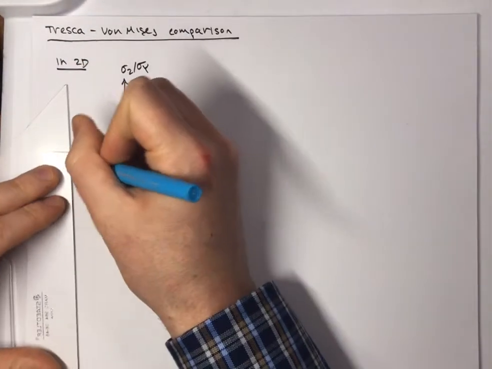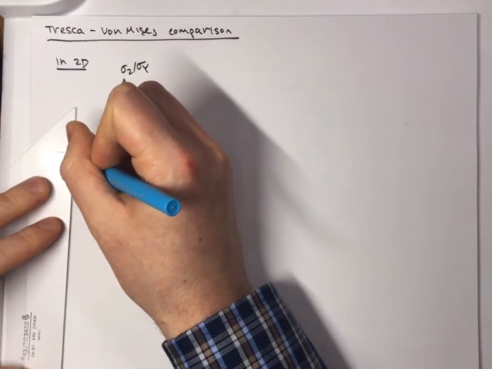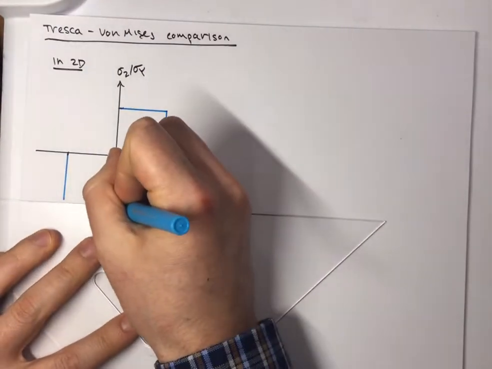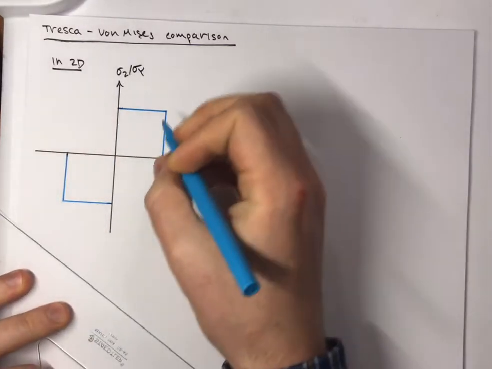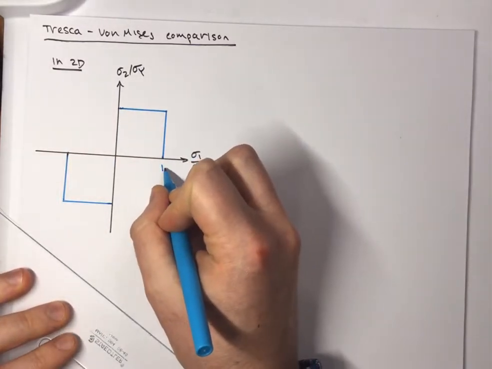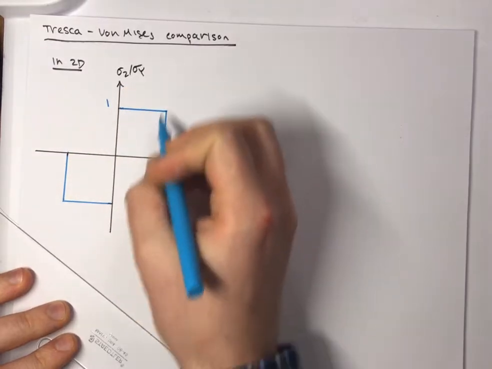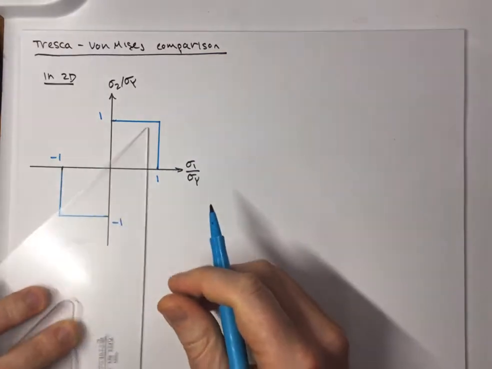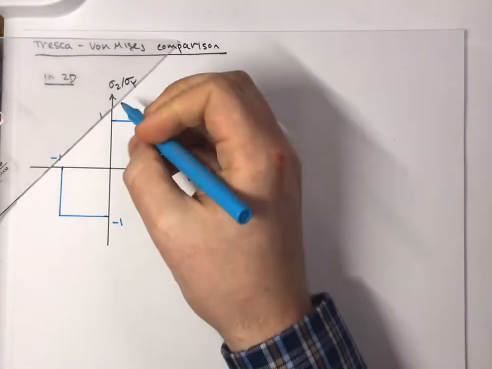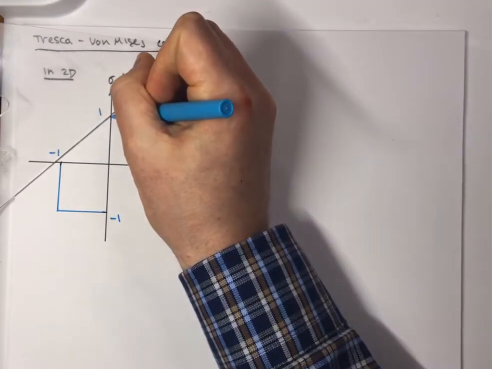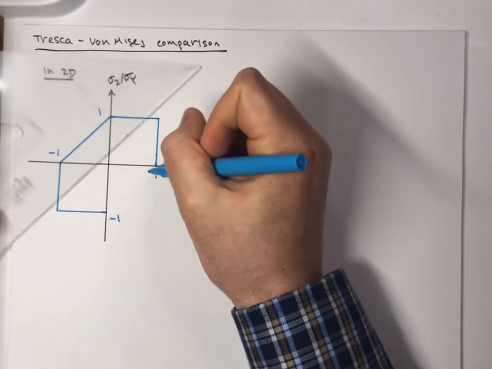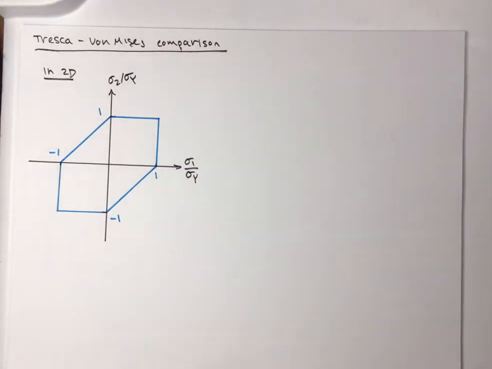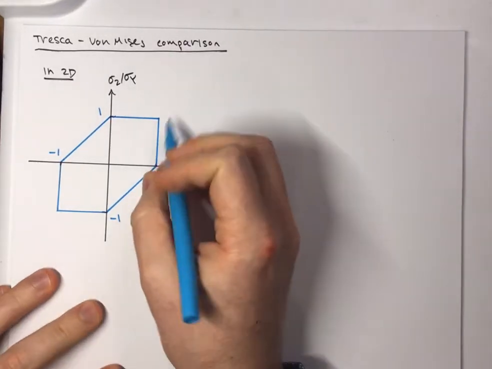And my Tresca failure surface, which again is a yield surface, so this is when the material would yield, is going to go from 1 and 1 on the positive side, negative 1 in the third quadrant here, and it should have a surface that looks something like this. Okay, so that's the Tresca envelope that we talked about before.